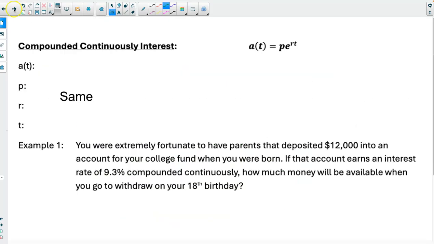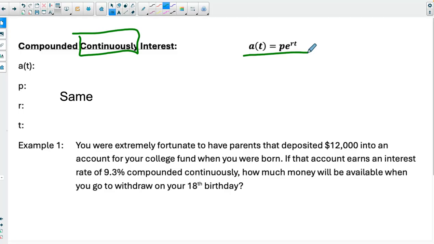Next, look at that. Continuously. Every single moment, instantaneously. It's always happening. If that is the case, we use this formula. Now, what letter is new?